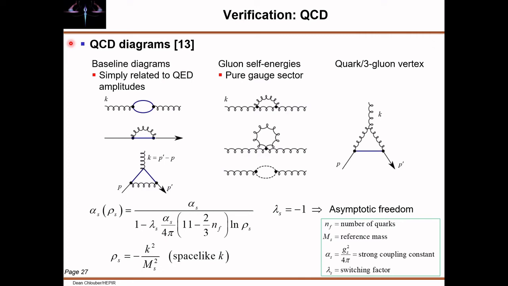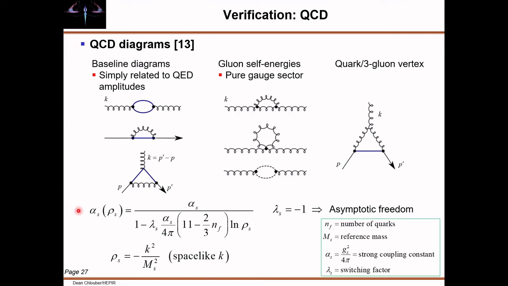For QCD, we applied the stability method to evaluate 7 diagrams, including 3 baseline diagrams, which are simply related to QED amplitudes by a group factor. We also have the gluon self-energies in the pure gauge sector and a quark-gluon vertex.